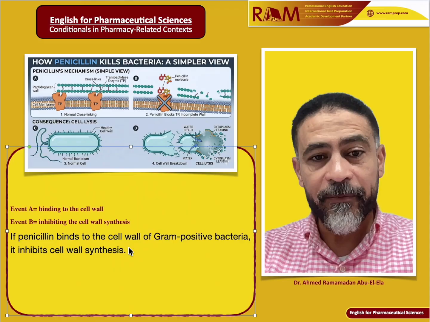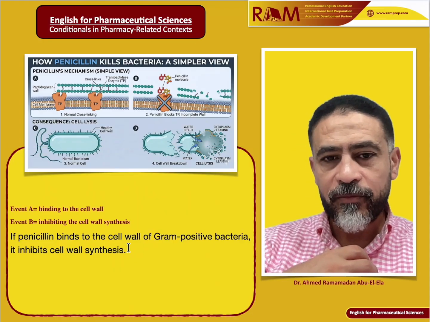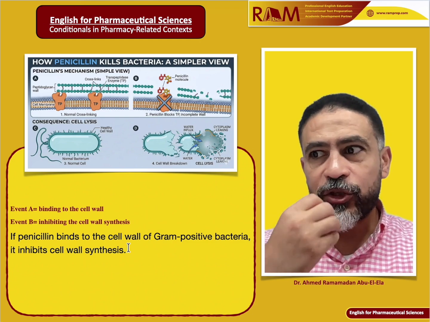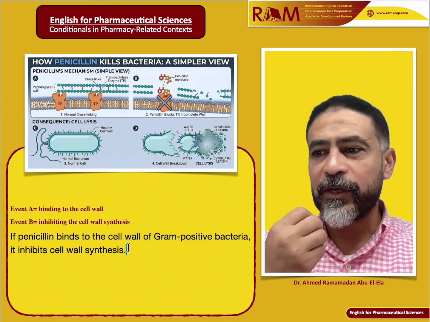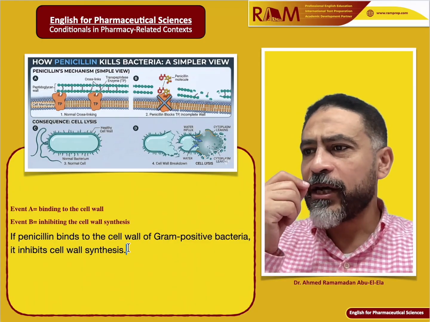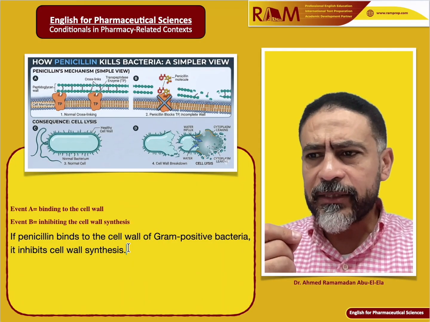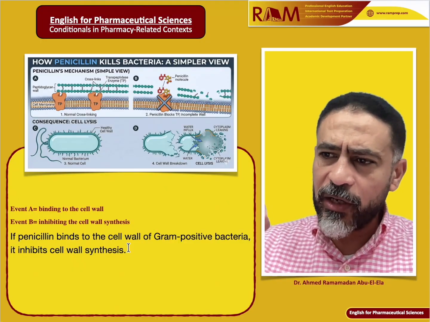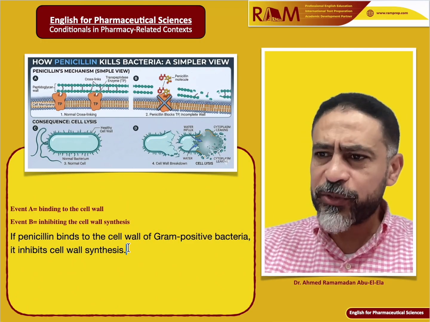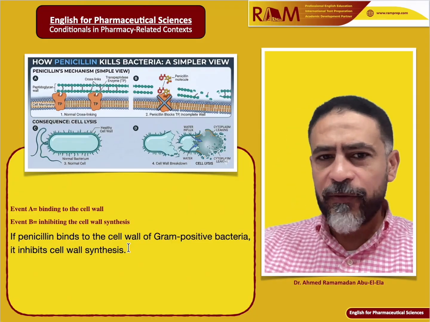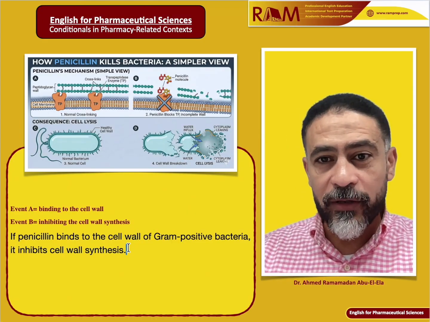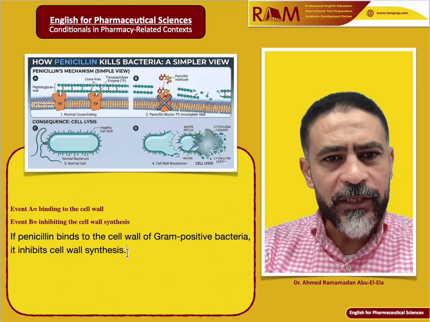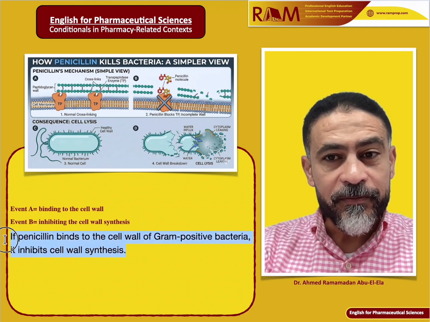So if I want to express this fact, this truth, to give an impression that there is zero doubt, there is 100% certainty that when penicillin binds to the cell wall of a gram-positive bacteria, the cell wall synthesis will stop, then yes, use zero conditional.